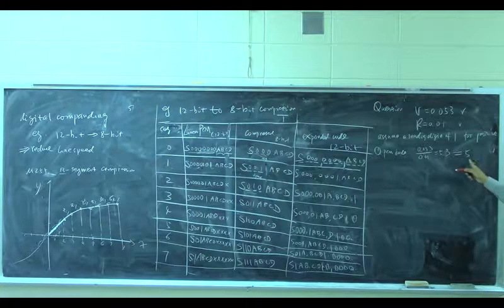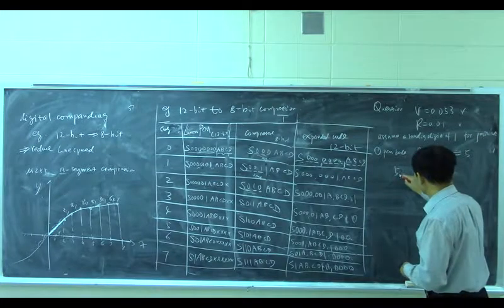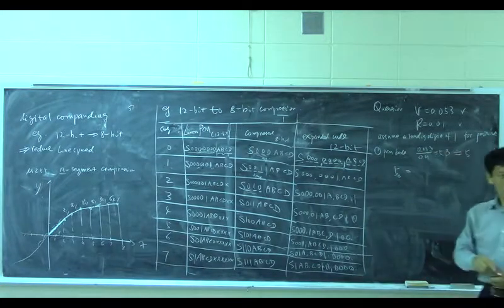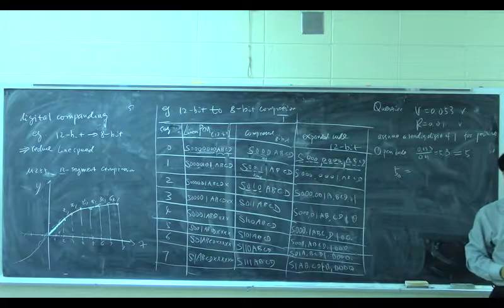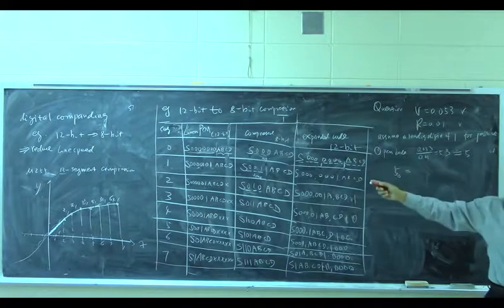Now convert this 5 into binary, right? We said 12, we need 12 digits.